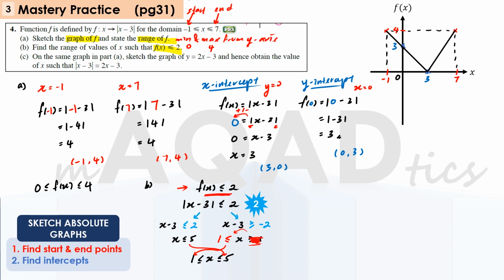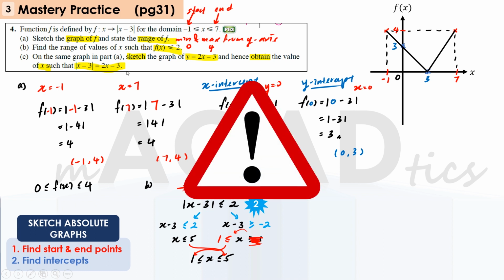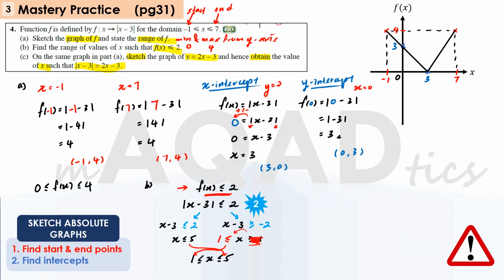And the last question here, we need to sketch this line into this graph, and we need to find the value of x such that this happens. So technically we need to find the intersection point between this modulus line and this line here, because you can see this equation, modulus of x minus 3, is technically f of x, and this 2x minus 3 is technically from here.